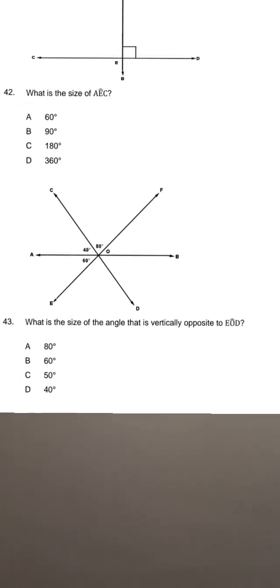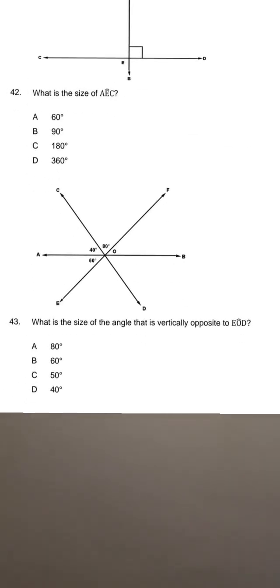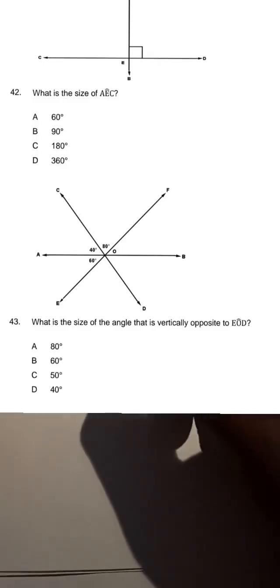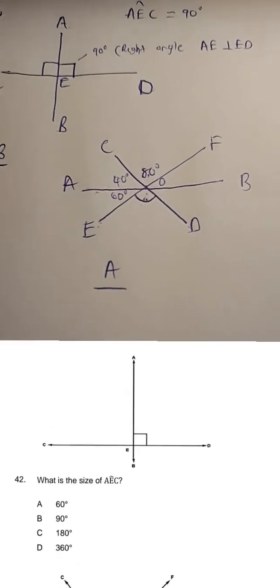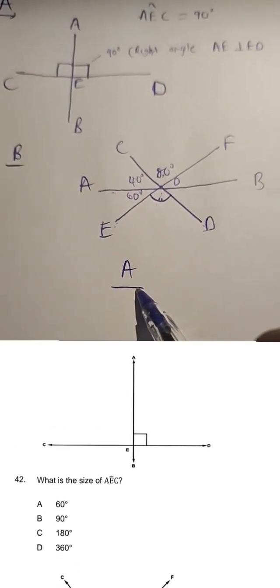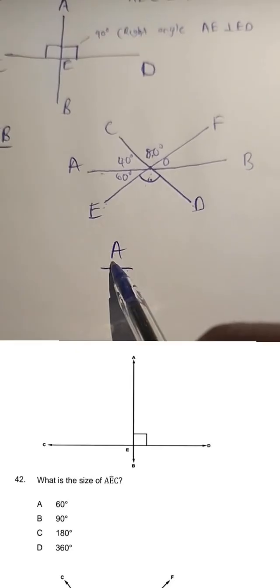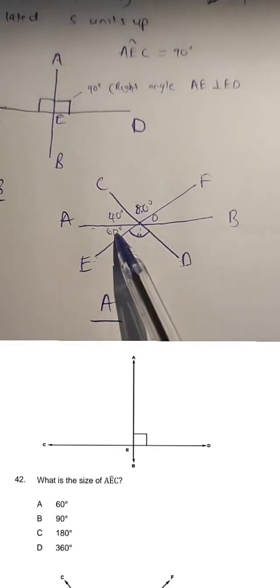So we know that our answer has to be A. The size of the angle that is vertically opposite angle EOD is 80 degrees, guys. So the option we select and write down is A.